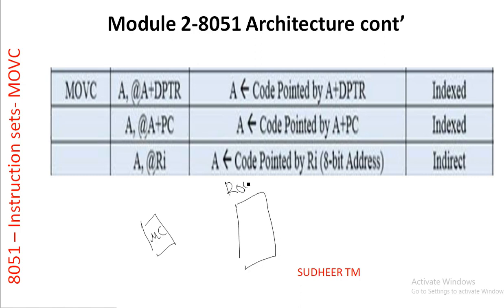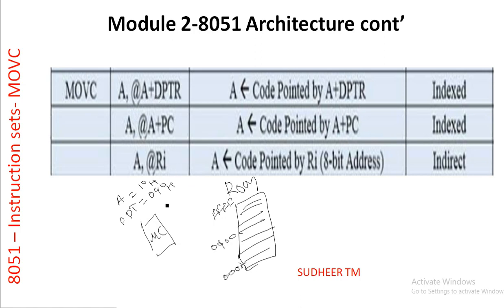This is ROM. External memory addresses also go from 0000 to FFFF maximum. Suppose you want to copy from location 0010, what we will do? Copy accumulator with 10, copy DPTR with 0900H, then use this instruction MOVC A, @A+DPTR.